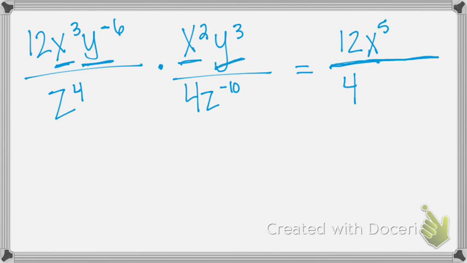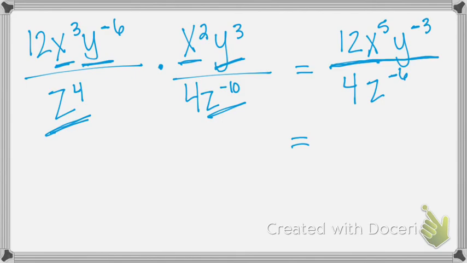So a negative 6 plus 3 is a negative 3. Now we combine our z's. Z to the 4th and z negative 10. We're multiplying. So 4 plus negative 10 leaves me with a z negative 6.